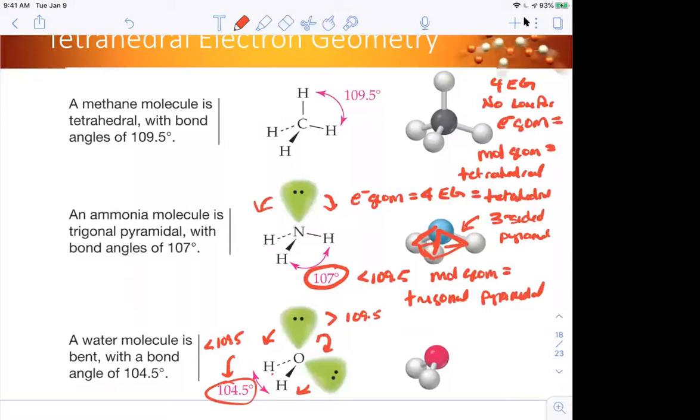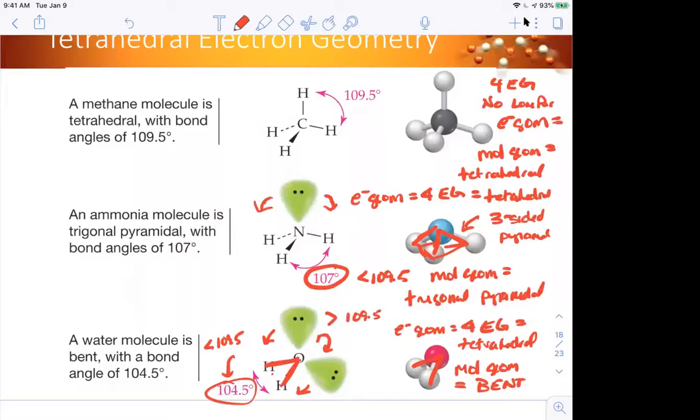So when I look at the electron geometry, I still have 4 electron groups, so I'm still tetrahedral. But because of those 2 lone pair, I have a molecular geometry which is bent. And again, I'm just looking at the shape that the atoms make without the lone pair. If I just connect the dots with the atoms, I get this bent molecular geometry.